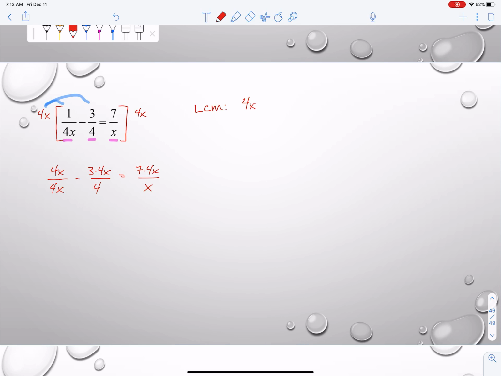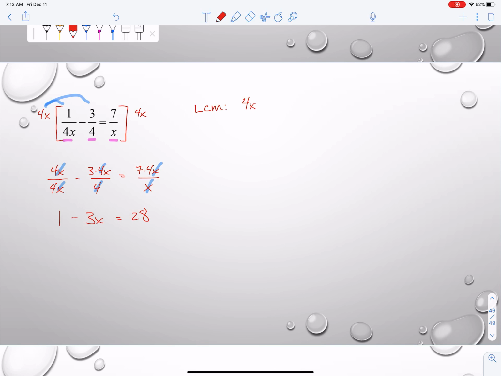So let's do a little bit of canceling here, all right? In the first term, the 4x and the 4x cancel, and because everything canceled, it leaves me with a 1. In my second term, the 4's cancel, leaving me with a minus 3x. And in my last term, the x's cancel, leaving me with 7 times 4, or 28.